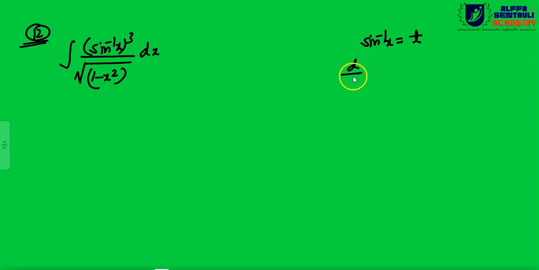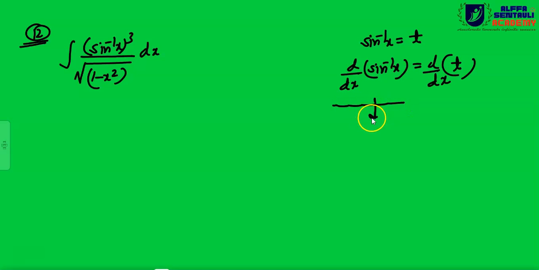So now differentiating both sides, d by dx of sin inverse x and d by dx of t, right? So d by dx of sin inverse x is what, beta? We have studied this concept in inverse trigonometric functions. So d by dx of sin inverse x is nothing but 1 upon under root 1 minus x square. Got it? And this will be equal to dt by dx.